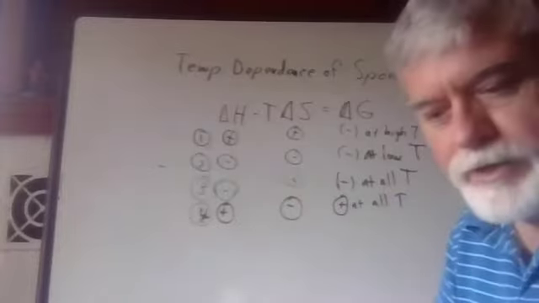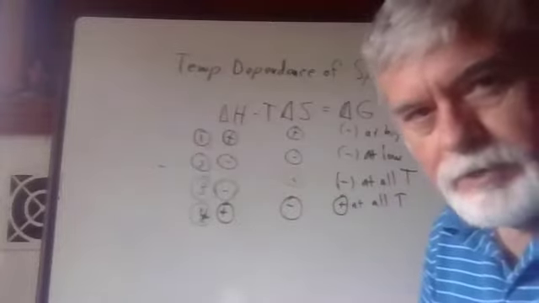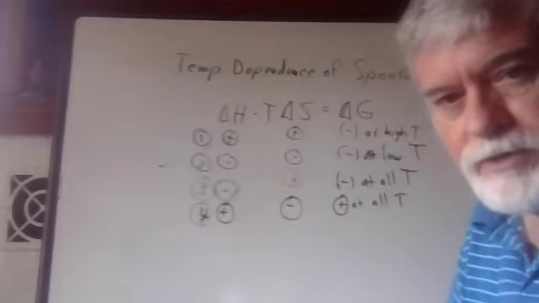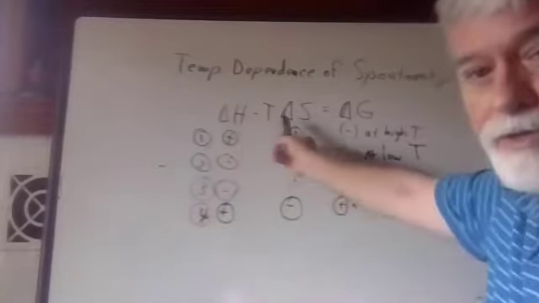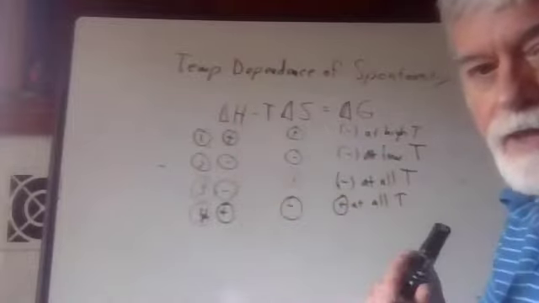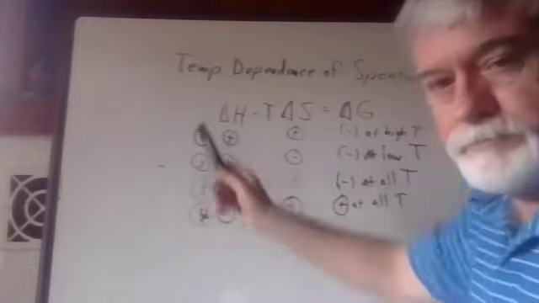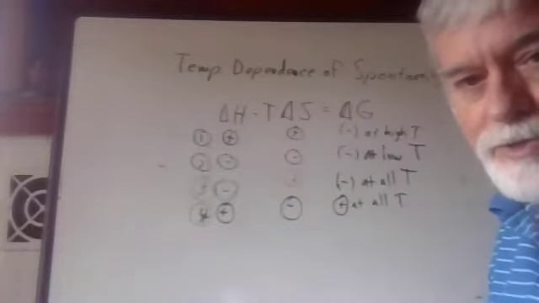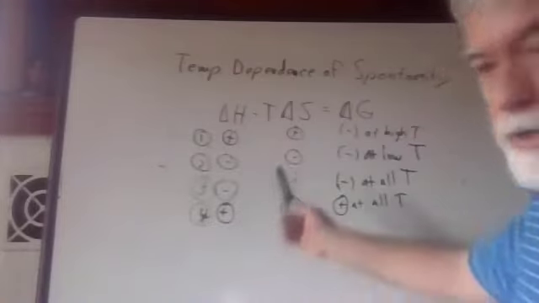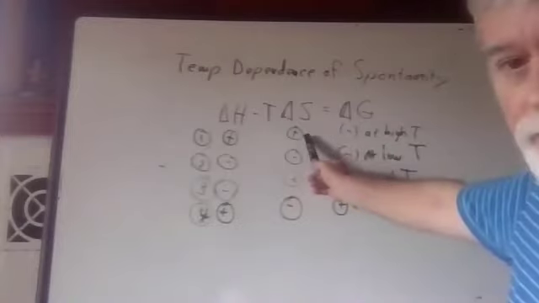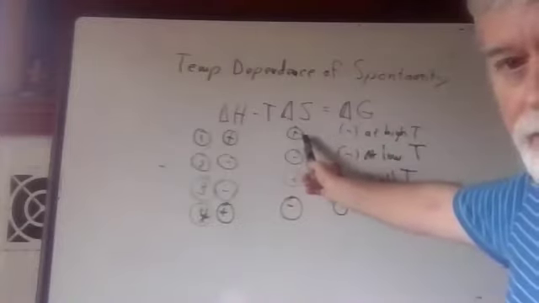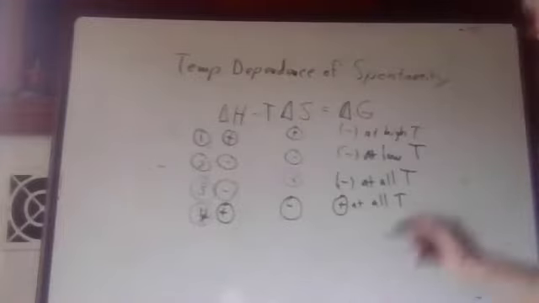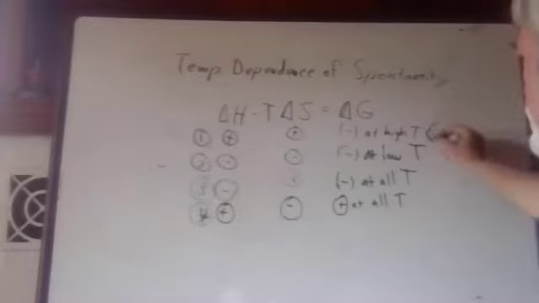Now there's a way of labeling processes as either being enthalpy driven, delta H driven, or entropy driven. In the first one, we would say that it is driven by the entropy, by the increase in disorder, because only this part of the term is making it negative. So this is entropy driven.